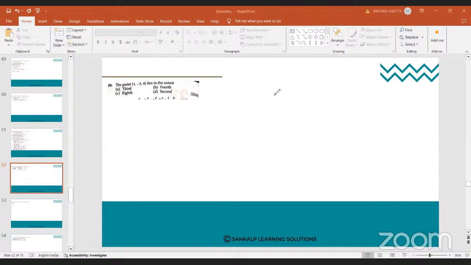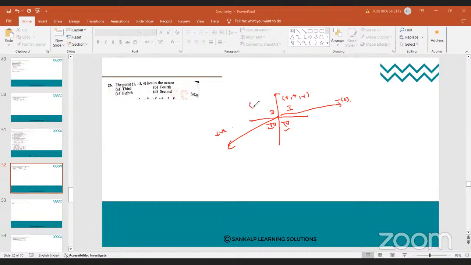Okay, so we have the first octant, second, third, fourth. See, these will be plus and plus. When we consider z as positive, this will be z axis, so it is in positive direction, and then when we consider it in negative direction, this will be negative. Height will be positive, depth will be negative.